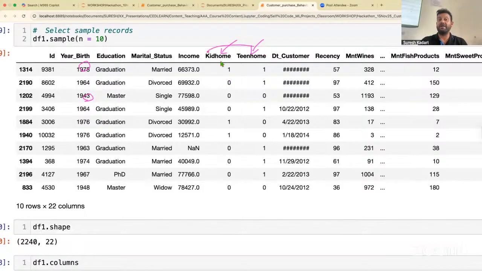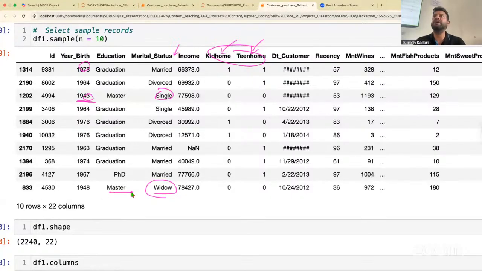Kids at home, married or not, single also there, but 43, that means maybe a widower. Widower or male, everything is there, and their qualification.